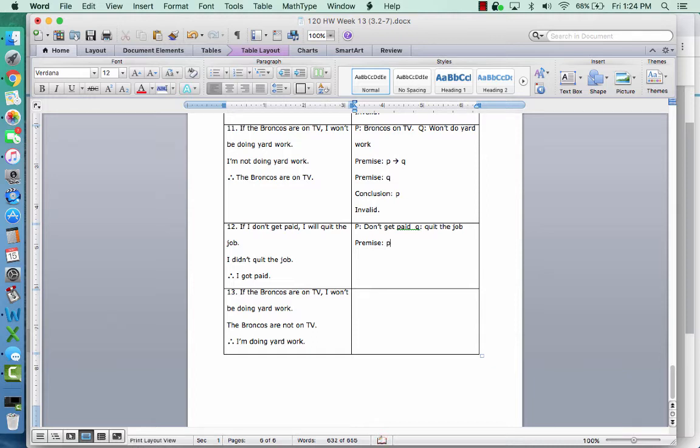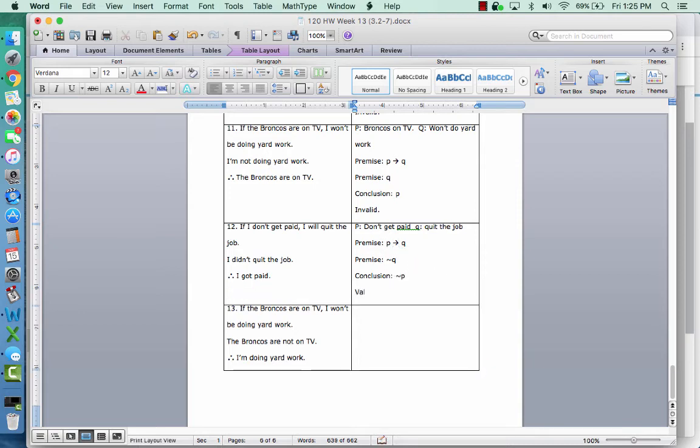So this would be if P, then Q. Okay, a second premise is I didn't quit the job. So Q is quit the job, so didn't quit the job would be not Q. And then the conclusion, I got paid. Well, P was don't get paid, so this is not P.